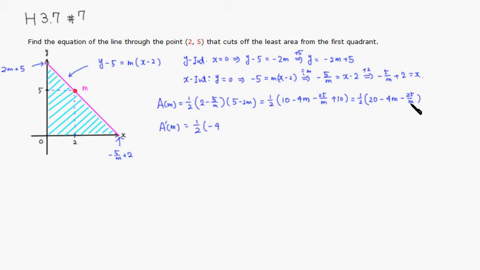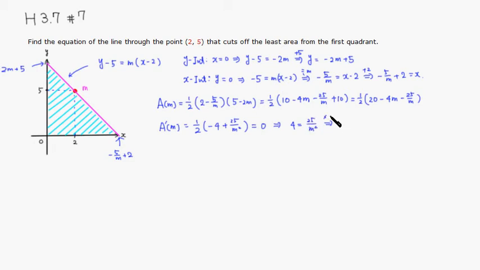The derivative of negative 25 over m is positive 25 over m squared. We set that equal to 0, which means 4 has to be equal to 25 over m squared.